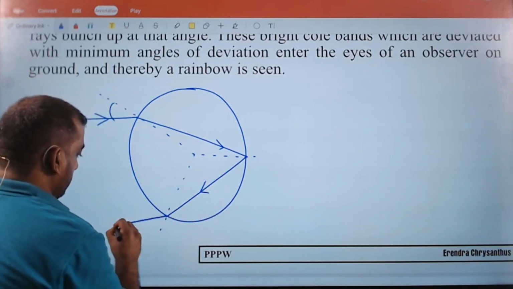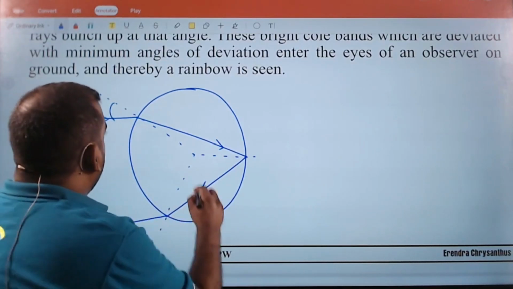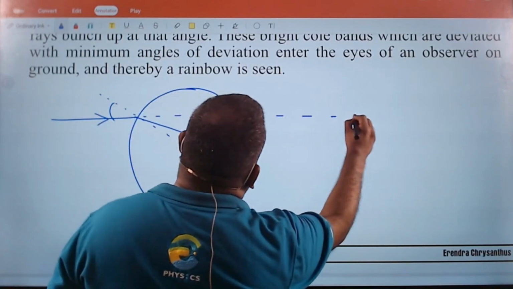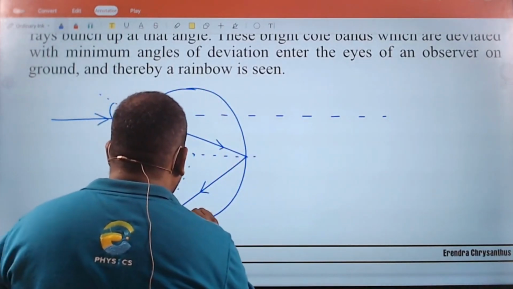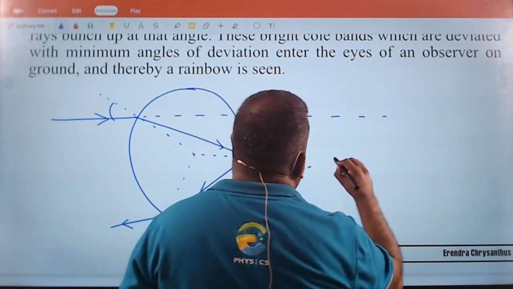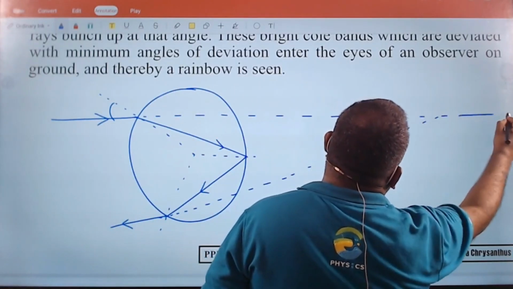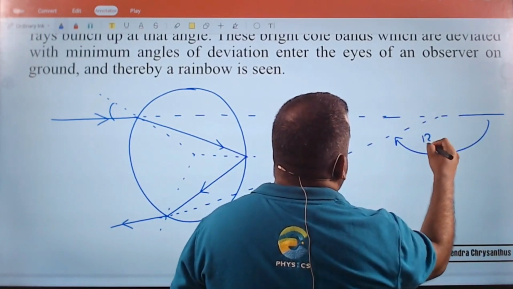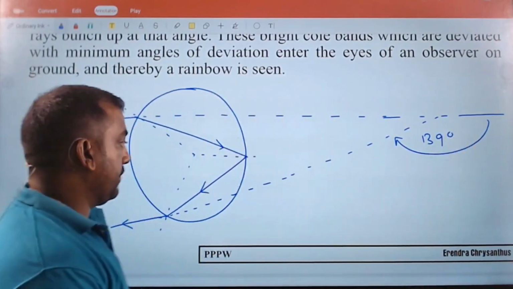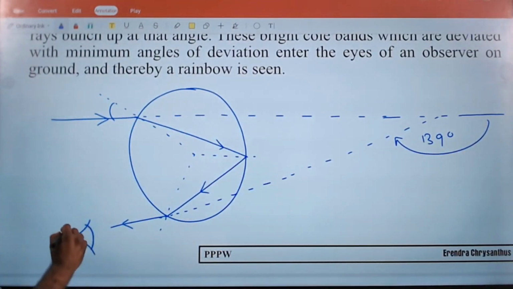Right. So how do you mark your deviation? Emergent ray extended. This is your 139 degrees. This is where the person is keeping the eye and looking.